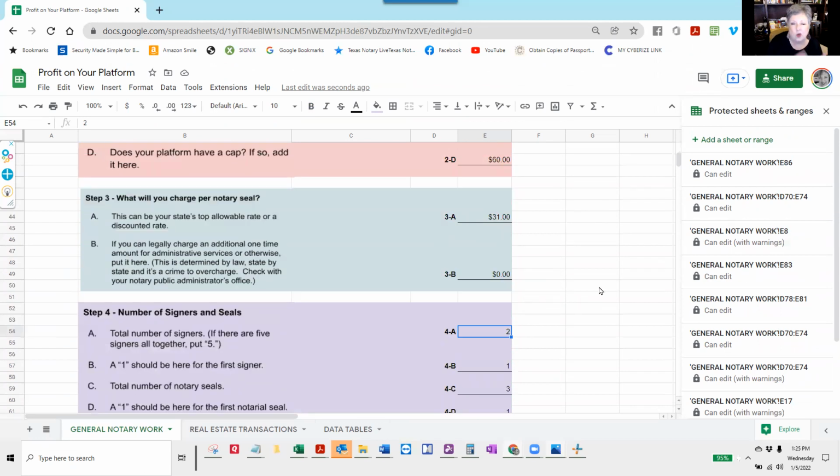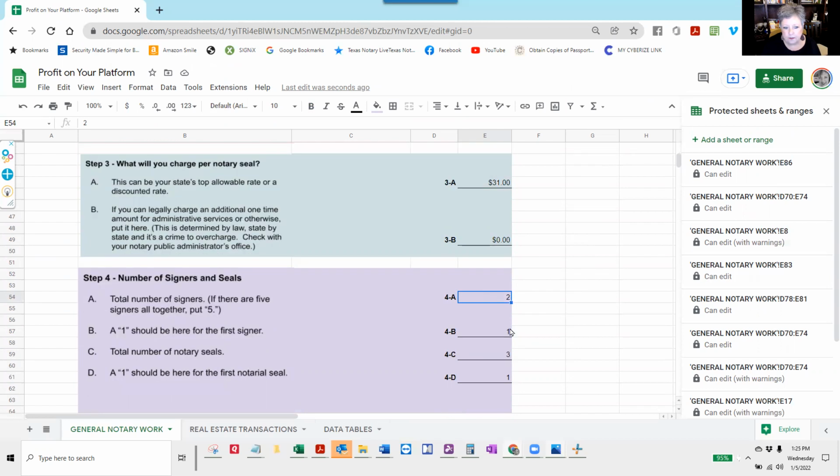I think it's like a $1 to $3 charge for KBA. So that's why that's in there. So I'm going to change that to 1.